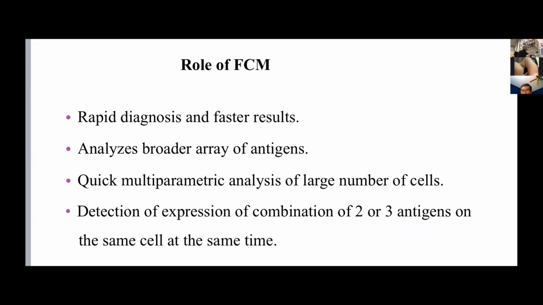It is a diagnostic test that provides a rapid diagnosis and faster results. We usually get results within 4 to 5 hours, and then we can hand over the report to the patient. It analyzes a broader array of antigens with a quick multi-parametric analysis of a large number of cells. It allows detection of expression of 2 or 3 antigens on the same cell at the same time.